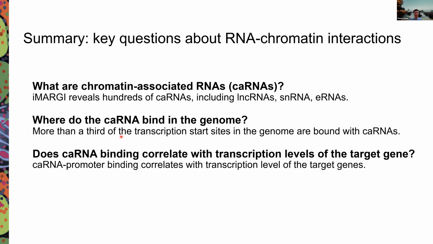They tend to target transcription start sites of genes. Even if a gene is not activated at this moment in this cell, there often is already accumulated chromatin-associated RNA on its promoter. And we observed in general a positive correlation between the amount of chromatin-associated RNA accumulating at the promoter and the transcription level of the target gene of this promoter.